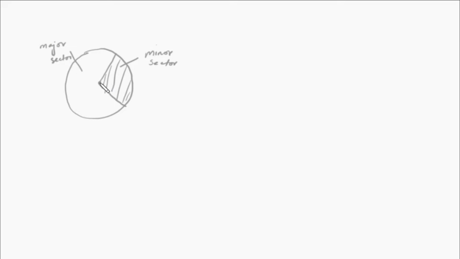Okay, now we are talking about the sector area here. That means we are not talking about length but area. So look at the sector. What is a sector? A sector is actually a fraction of a circle.